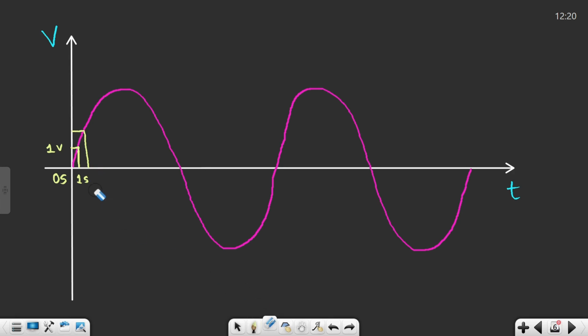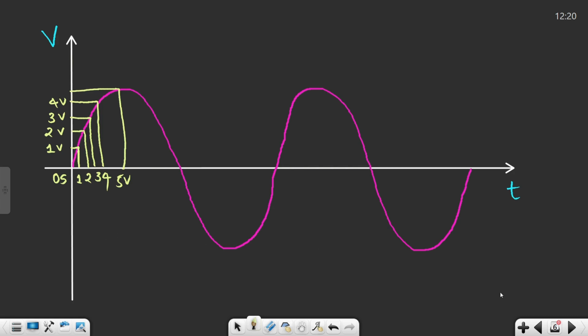At 3 seconds we have 3 volts, at around 4 seconds 4 volts, and at around 5 seconds 5 volts. I drew it roughly so it is clearly visible. I hope this part is crystal clear.